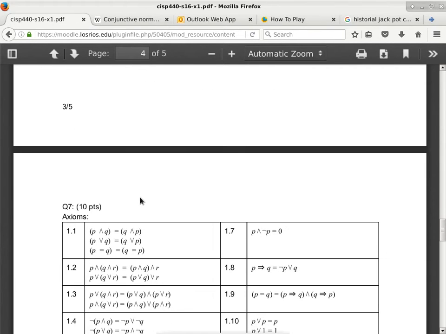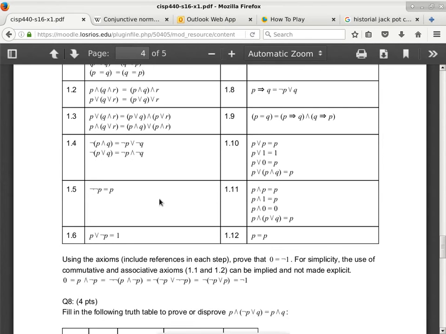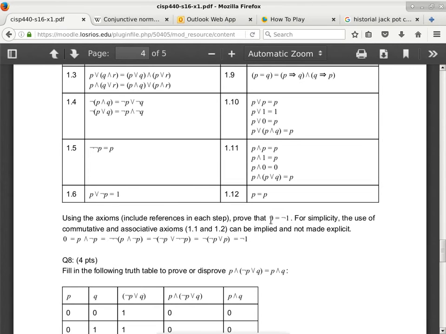Question number 7 is a proof thing. This is not something that I want you guys to do for this particular test, but just in case we want to do it, let's go ahead and see how we can do this. So the question is, how do we prove that false is not true? Now it looks really, really obvious, right?